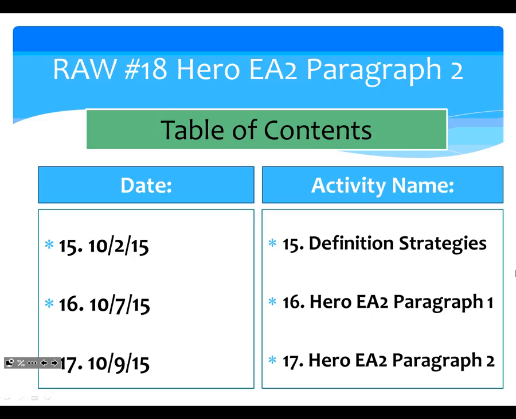Alright folks, I'm going to grab your attention again. It's now time for you to go ahead and pull out your RAW notebook. We're going to get our entry set up for today. You may or may not be referring to your Springboard for this paragraph. That's going to be up to you if you need it or not.